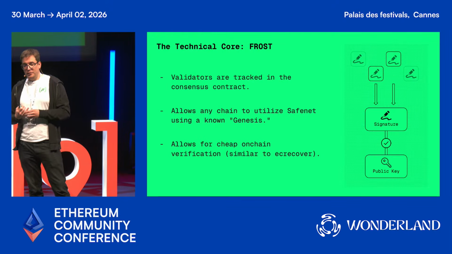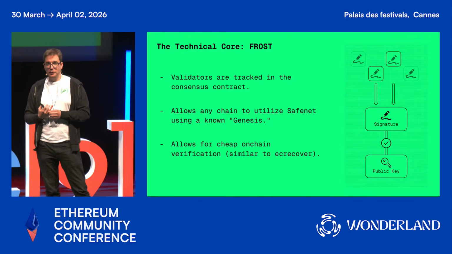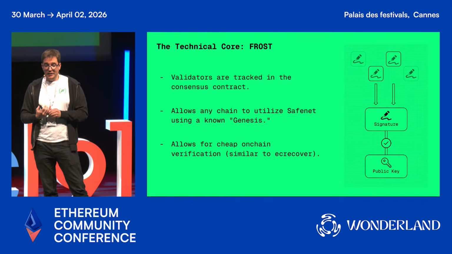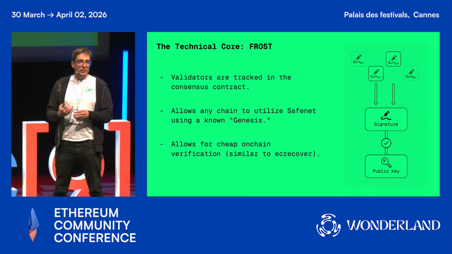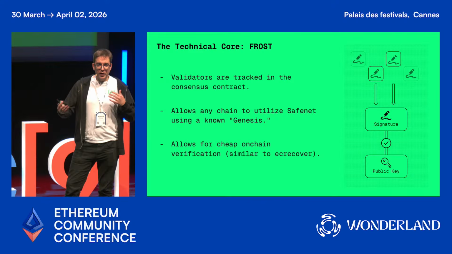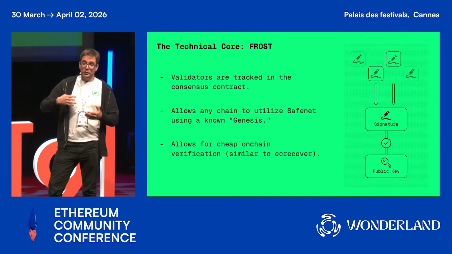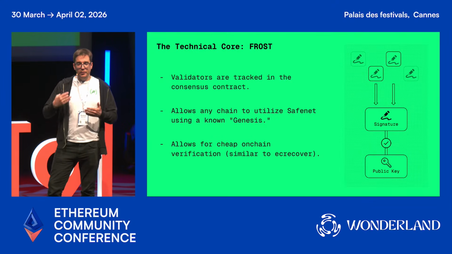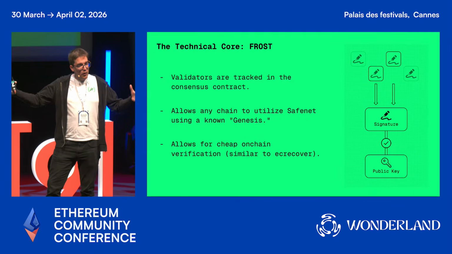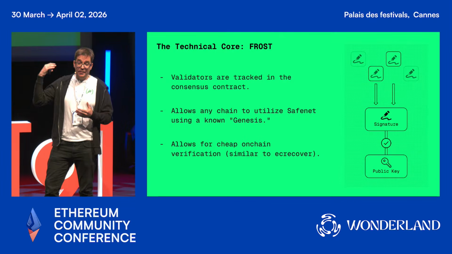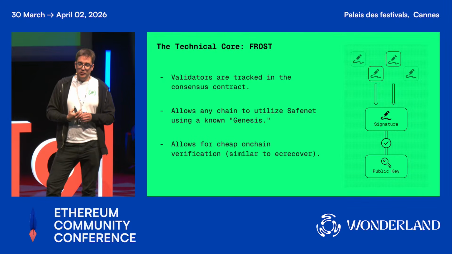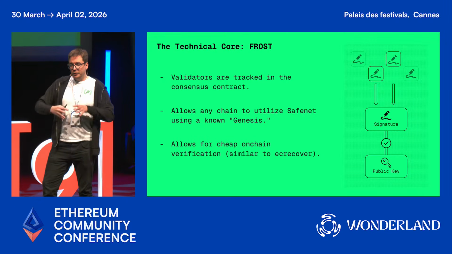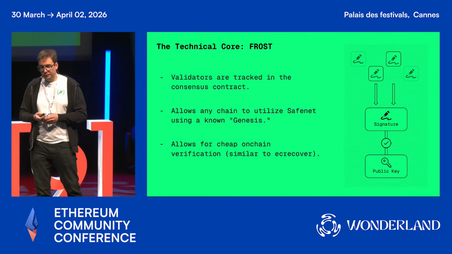Another very nice property of FROST, if it's used with EC keys, is that you can verify it very cheaply on-chain. So far, a lot of the solutions for large validator sets have been very expensive, but with FROST you can combine them together in one signature. It's basically as cheap as adding another signature to your transaction, and you get the verification from a whole validator set.